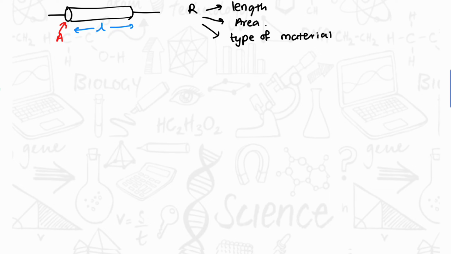Using this, we can derive an equation that is R equals rho L divided by A, where rho is the resistivity.